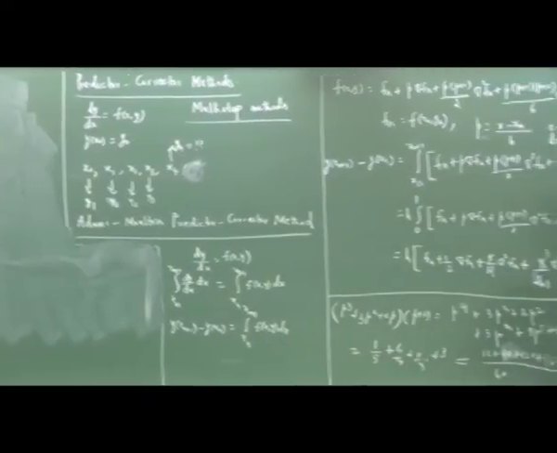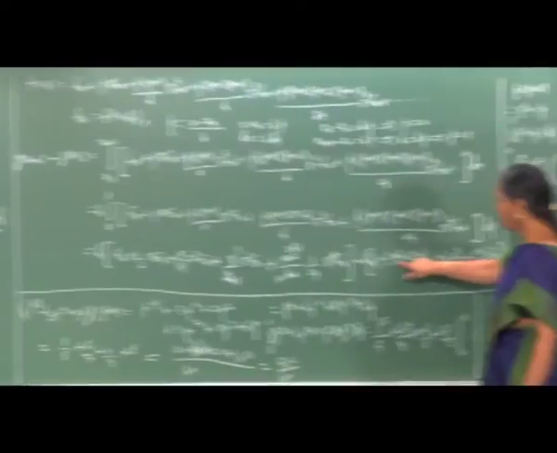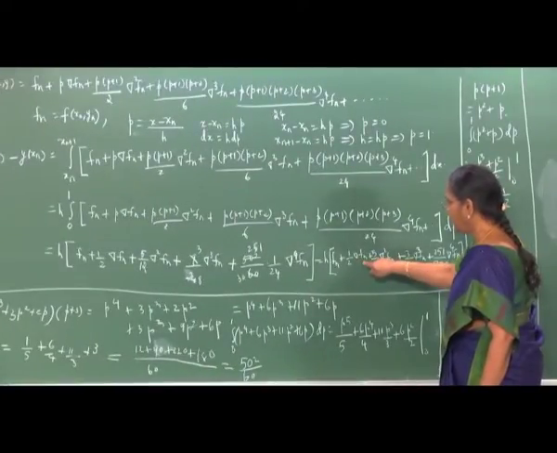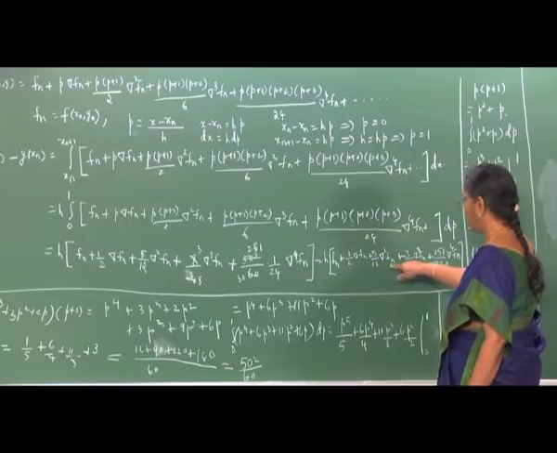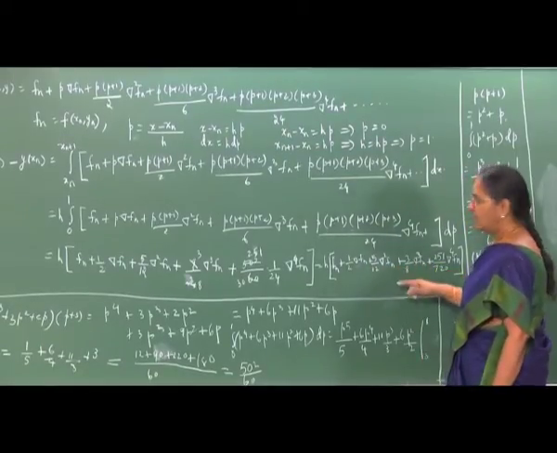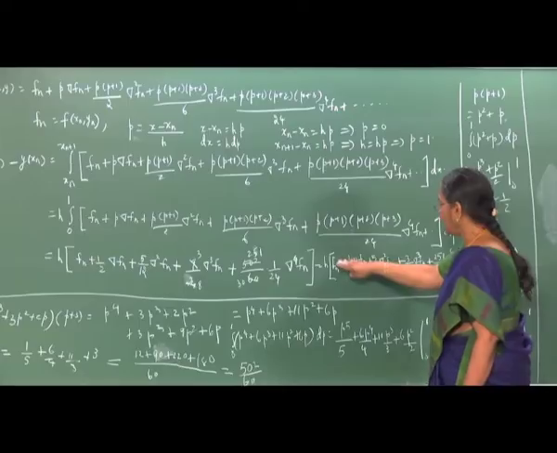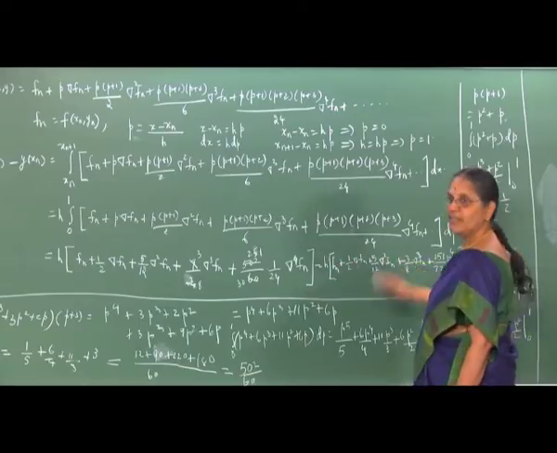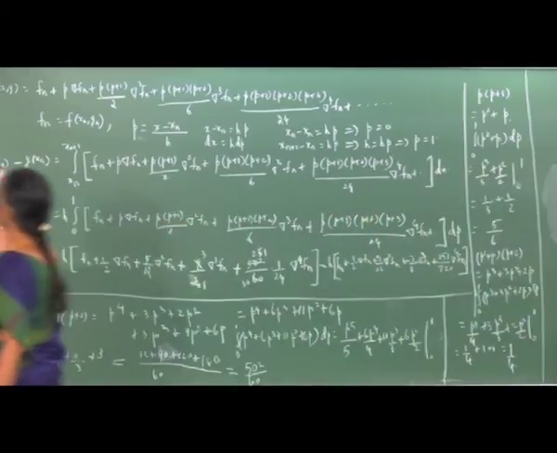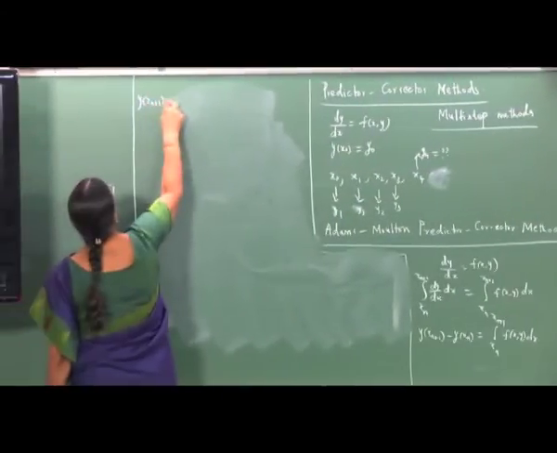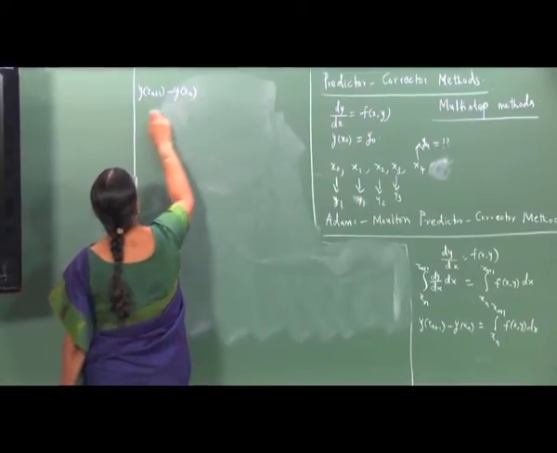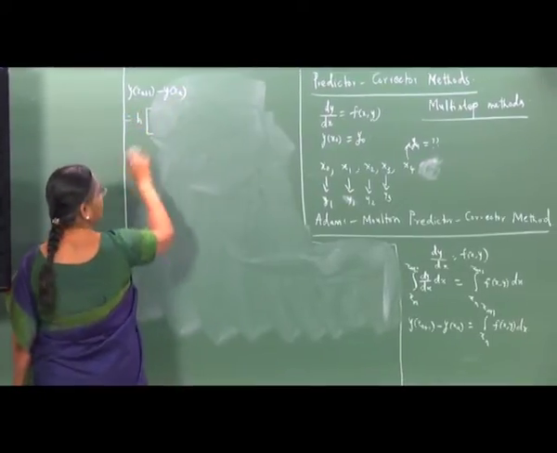So, let us now substitute for the backward differences delta Fn, del square Fn, etc., and then express this in terms of the function values. So, we obtain y of xn plus 1 minus y of xn is given by h.